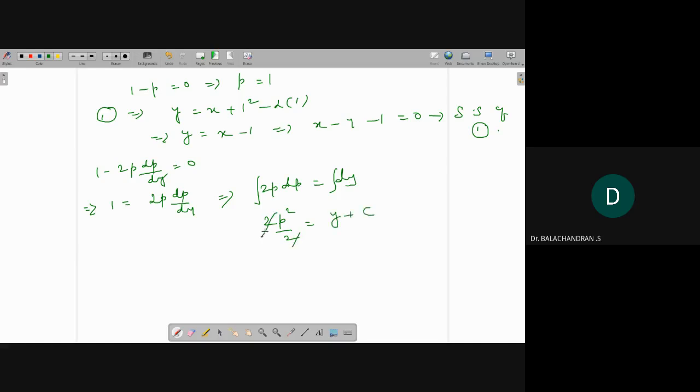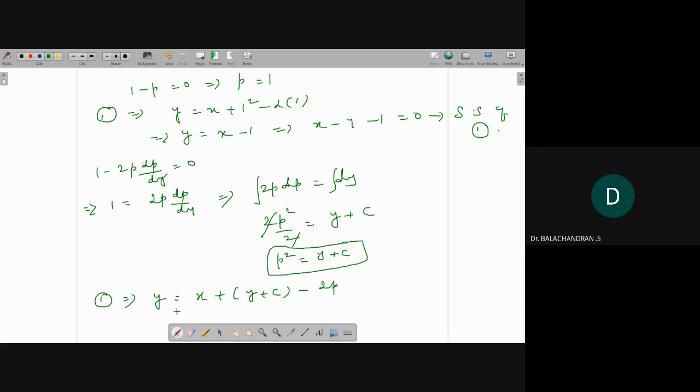So 2 gets cancelled, and p square equal to y plus c. Now substitute p square equal to y plus c in 1. Equation 1 is y equal to x plus p square minus 2p, so y equal to x plus y plus c minus 2p. Just keep 2p; later I will square it, and after squaring I will again replace p square by y plus c.